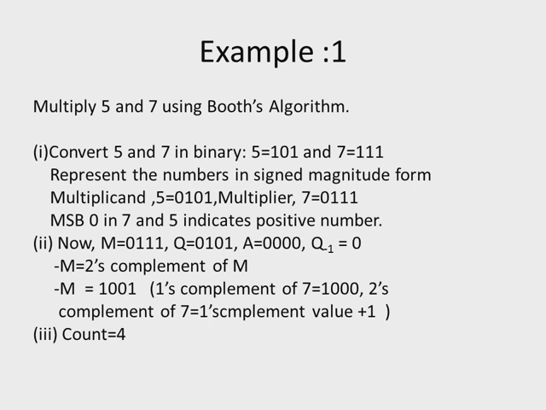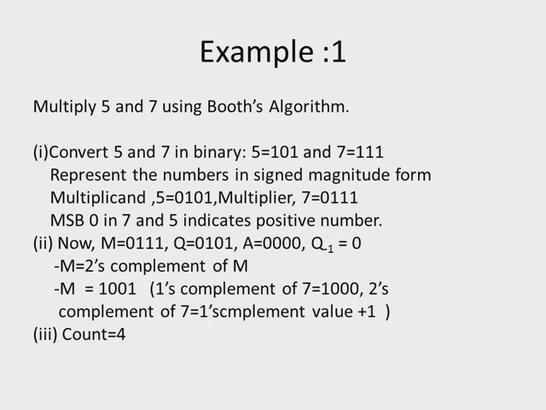Next step, transfer multiplicand to M register, multiplier to Q register, initialize A register as 0, Q minus 1 register as 0. Then 2's complement of M is taken for consideration while doing the subtraction process.